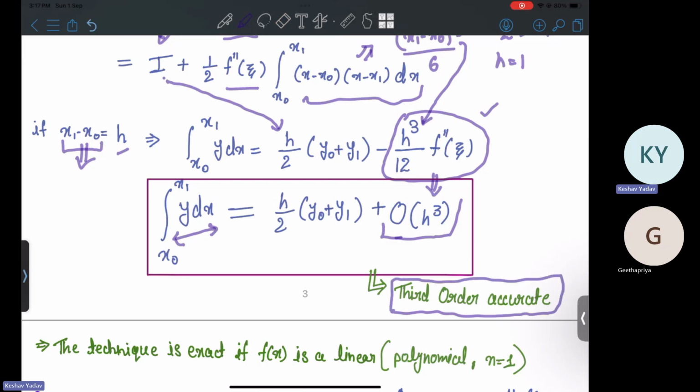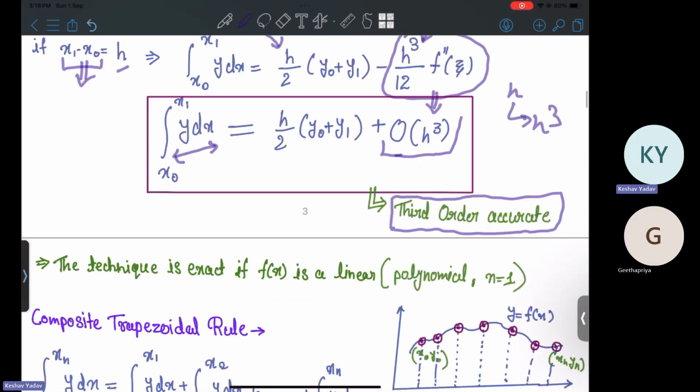This doesn't mean that our error will be of the order of h cube. It means that if I decrease the step size h, my error will decrease proportionally to h cube. Clear?